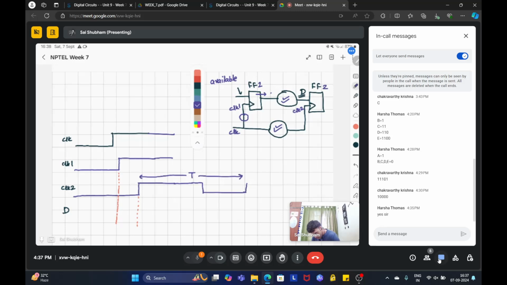It can come out of flop 1 after this clock edge and it should be available before the setup time here.